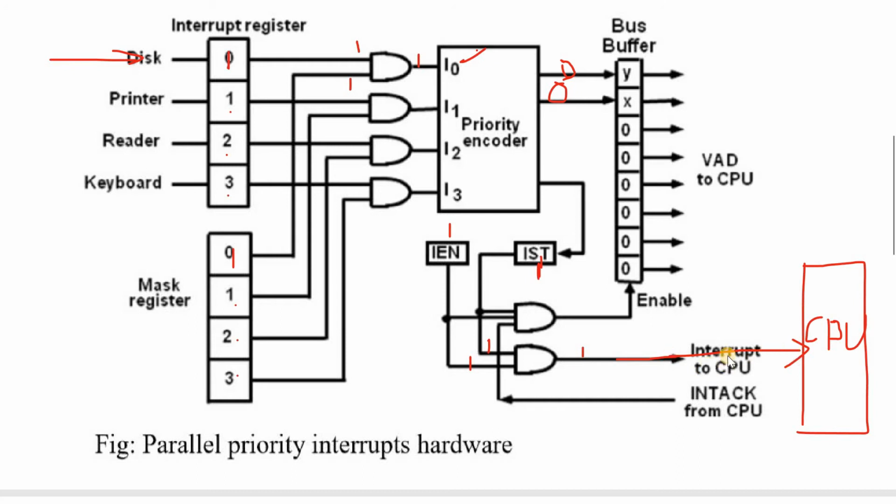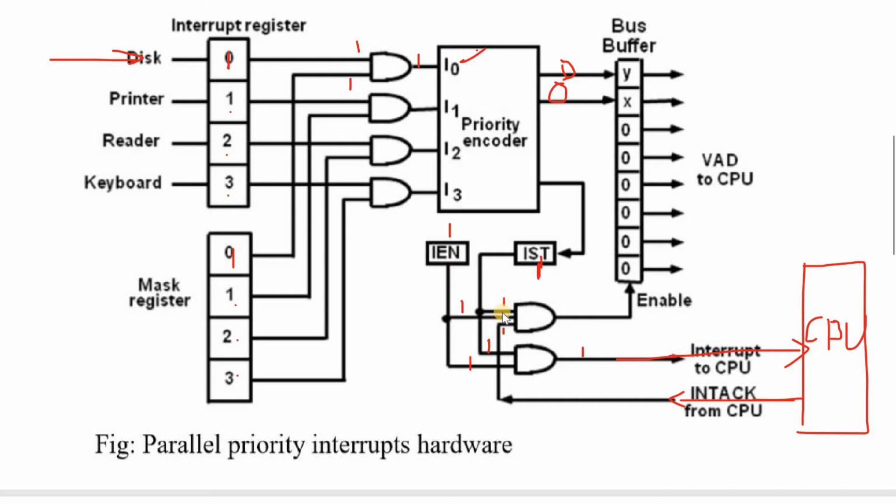If the CPU receives an interrupt request from this line, at that time the CPU will respond through this interrupt acknowledgement. If it is recognized, the CPU will respond through the interrupt acknowledgement signal. The interrupt acknowledgement signal is given to one input of this AND gate. The remaining two inputs are needed here: the first input is taken from the IST value, and the middle input is taken from the interrupt enable.